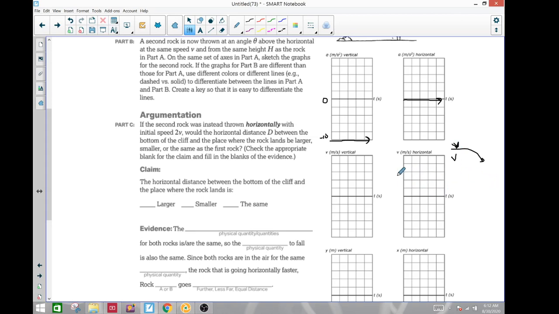Whatever v happens to be, I'm going to put it like this. It's just going to be constantly the same all the time. Vertical starts out at 0, and it just continues to get faster and faster. We're not looking to quantify this a whole lot, but we're just going to go like that.